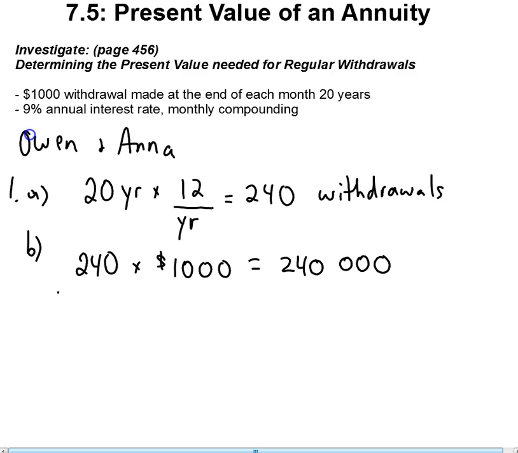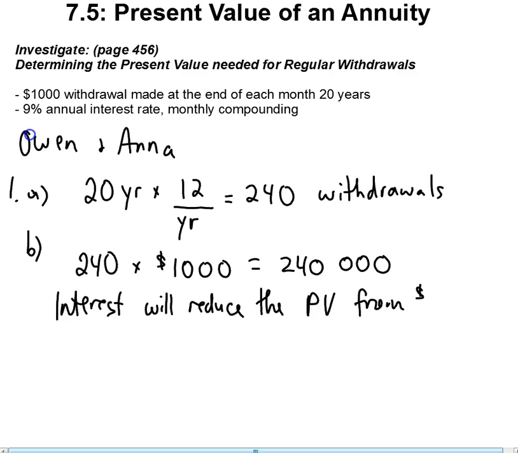So no, interest will reduce the amount that needs to be invested. We'll just call that the present value, okay? In other words, a lower value invested now would be able to provide $240,000 over time.